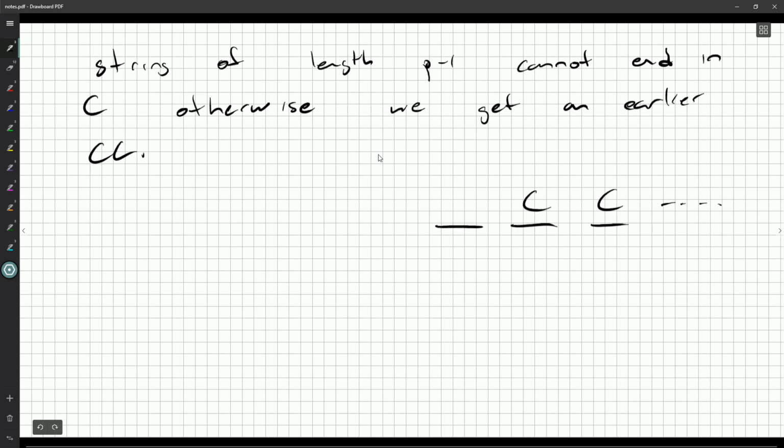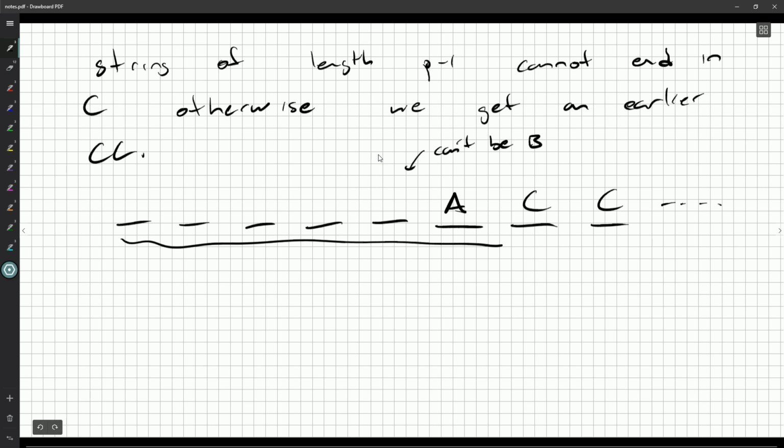There's my CC. This can't be a C. It could be an A. Now, if it's an A, this can't be a B, because then I'd have a BA, and I'm not allowed to have BA before this first CC. But it could be an A or a C.